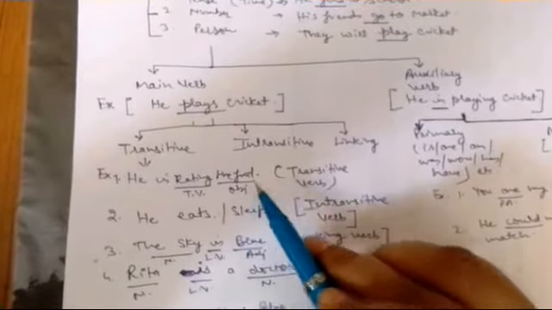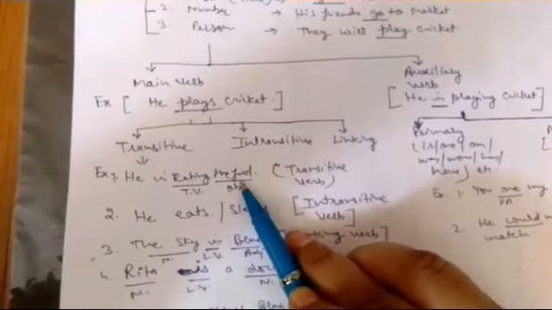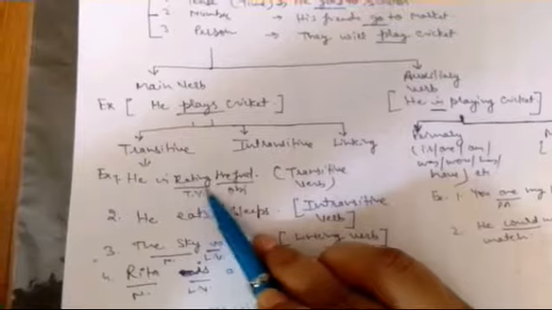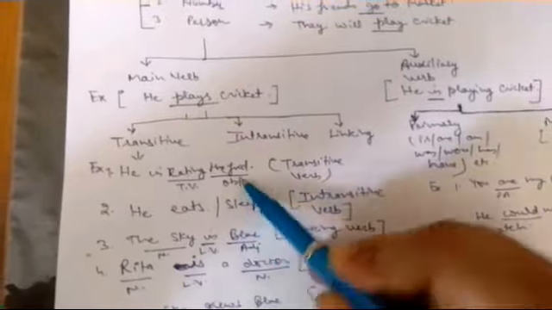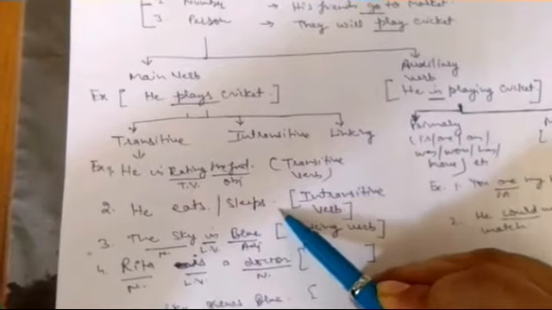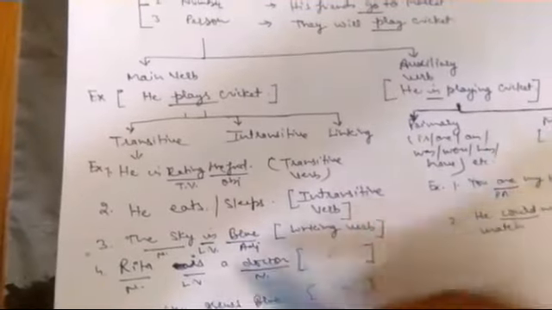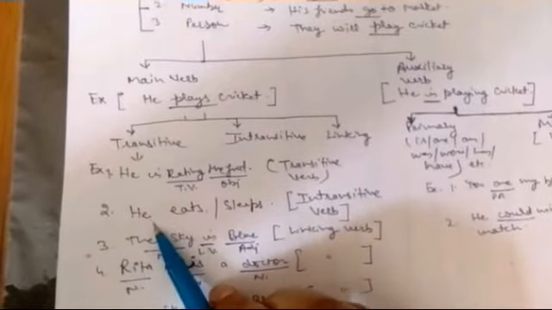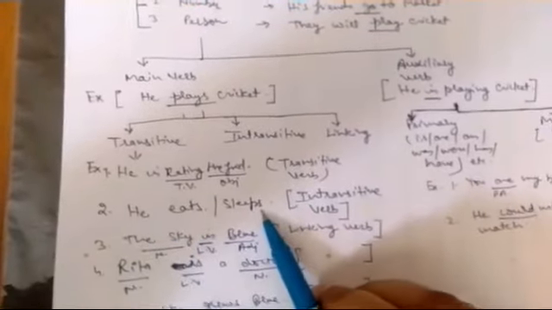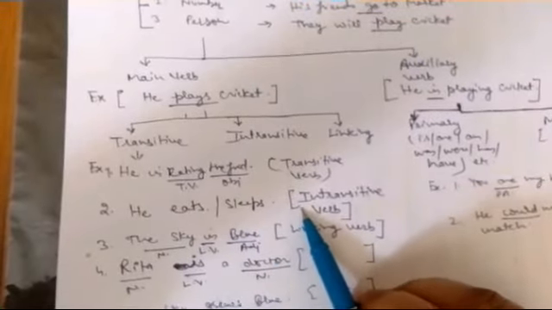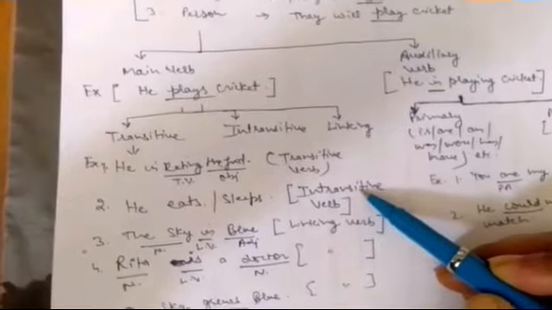When an object comes after the verb, this is called transitive verb. When an object does not come, the verb is called intransitive verb. Suppose, he eats, or he sleeps. There is no object, so eats or sleeps is the intransitive verb.